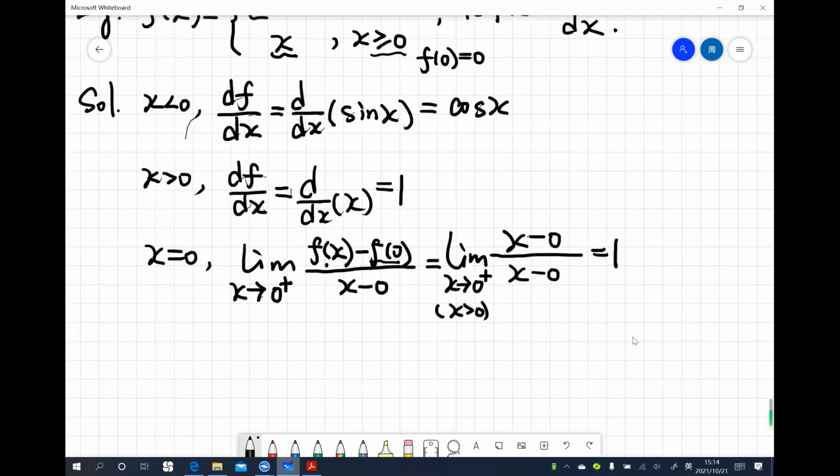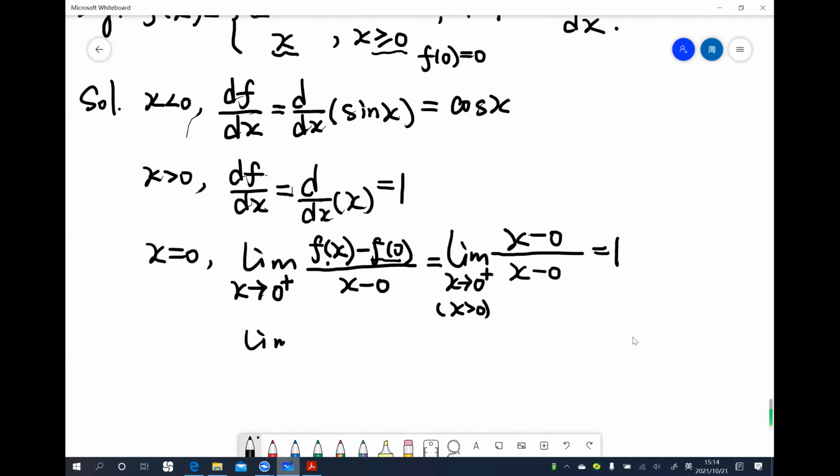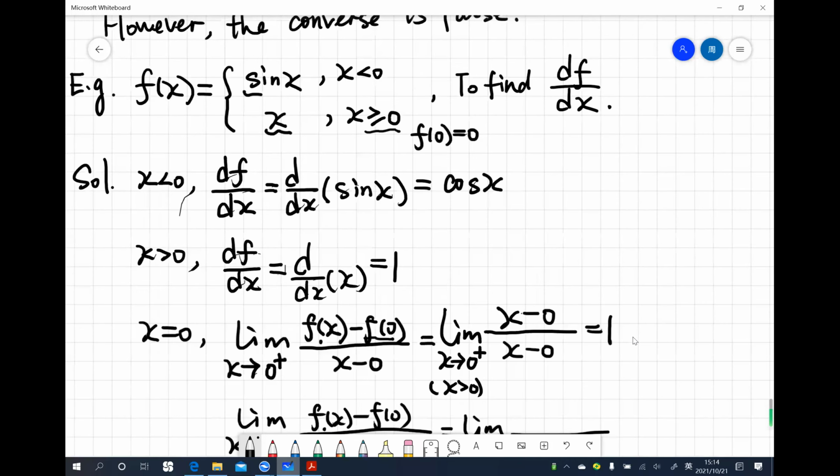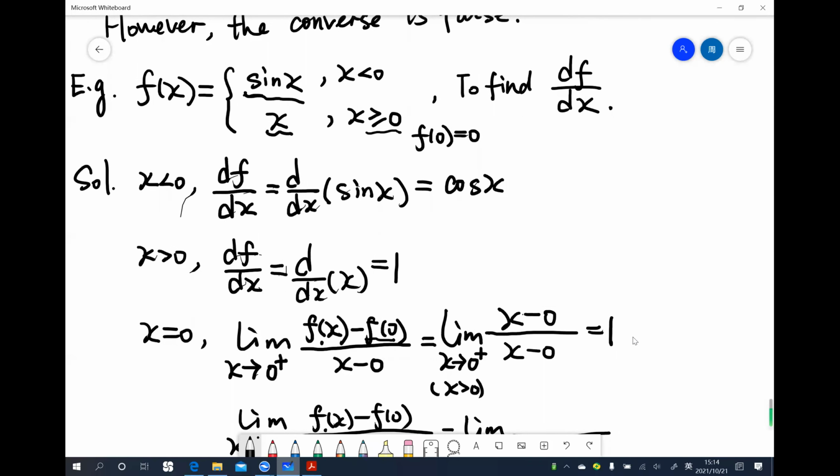And the left-hand derivative, that is x approaches 0 from the left. So now, by the definition here, the function is changed. If x approaches 0 from the left, x is smaller than 0, and that means the function here should be sine x, right?